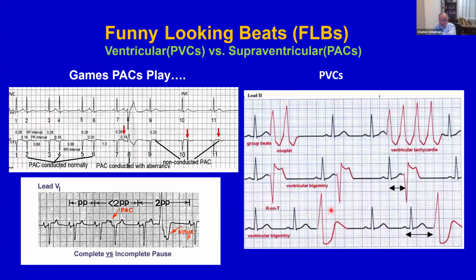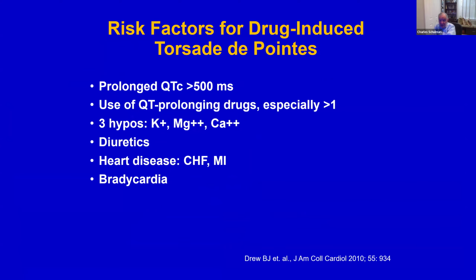You can tell PVCs are more dangerous if the R-R interval is very short, so that the PVC is encroaching on the T wave. And the issue with prolonged QT is just that.